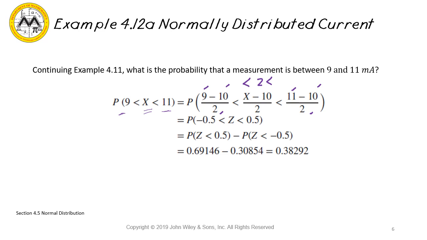So that would be P of 0.5 minus P of negative 0.5, because we're looking for the area in between. This is P upper and this is P lower, so we subtract their probabilities. The answer would be 0.38292.